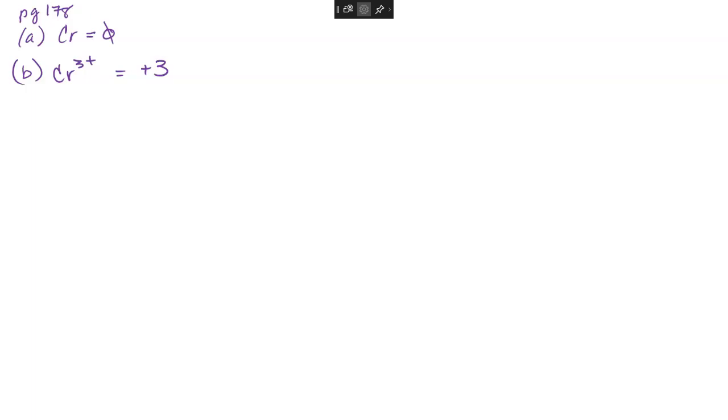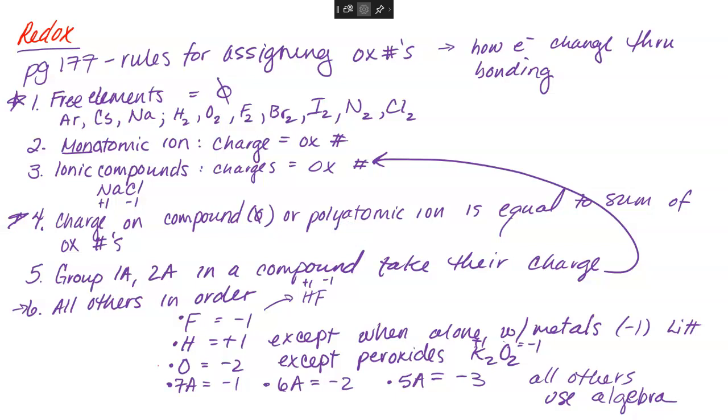Cool? Okay. C. For the one in the compound, CCl4, we have chlorine and we have carbon. What does the oxidation number for chlorine have to be? -1. Carbon is lowest priority, right? Because it was not on that rule list at all. It says assign all others using algebra.